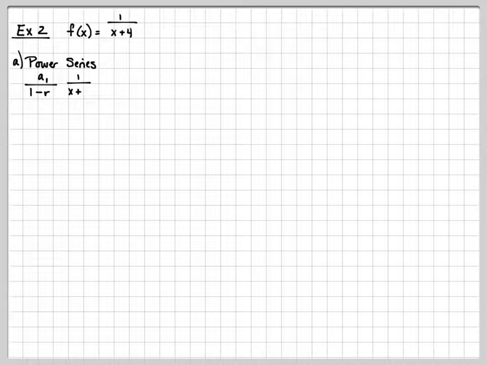Okay, example 2. Let's let f of x equal 1 over x plus 4. Let's find a power series. Let's keep it centered at 0 for now. Remember, the formula for a geometric power series is a1 over 1 minus r. So we're going to have to rewrite it.